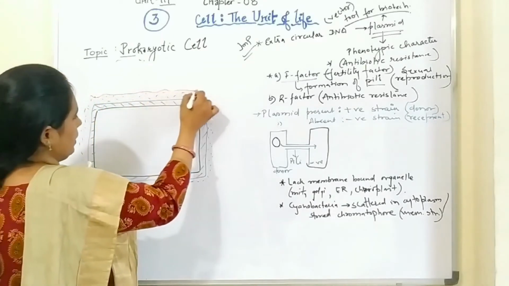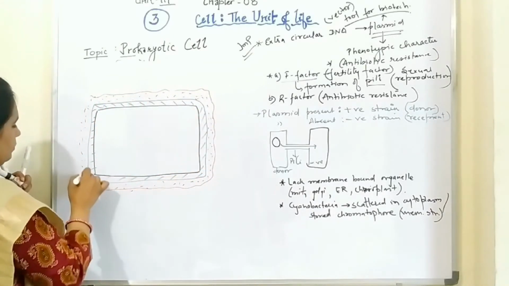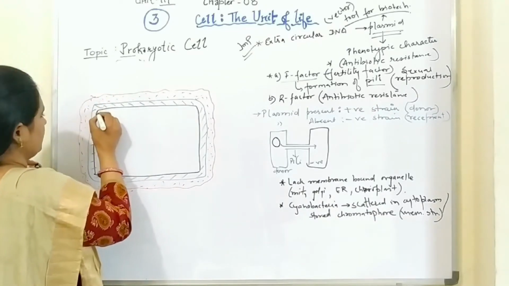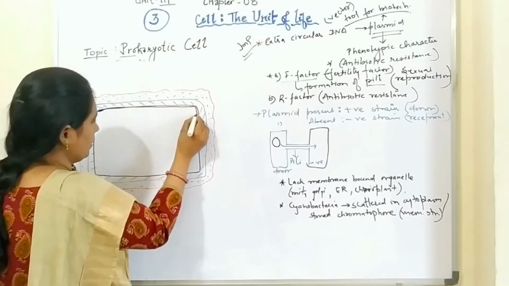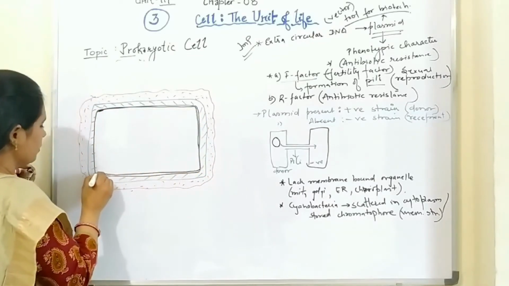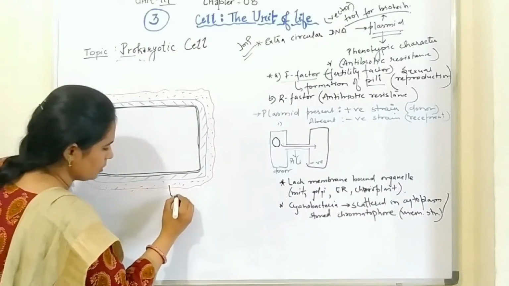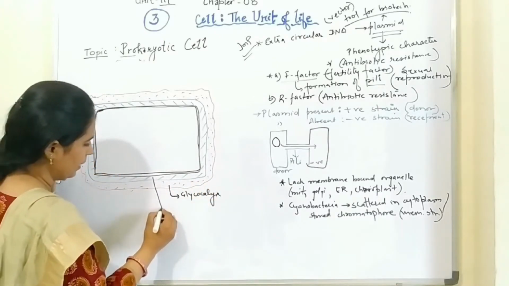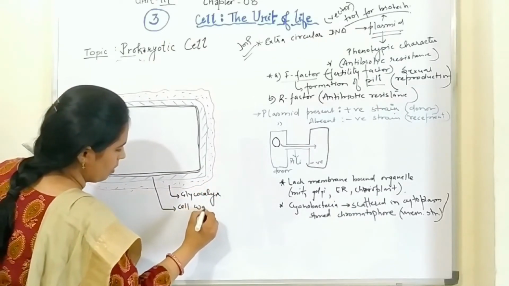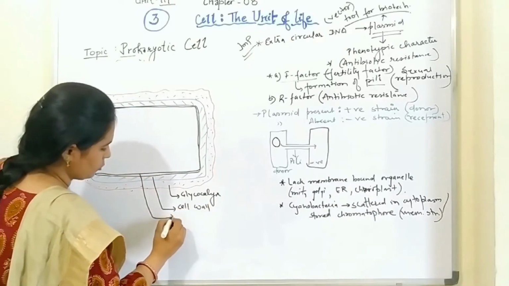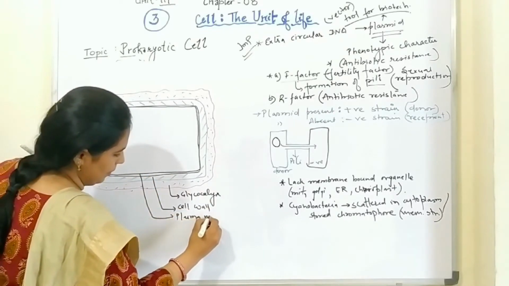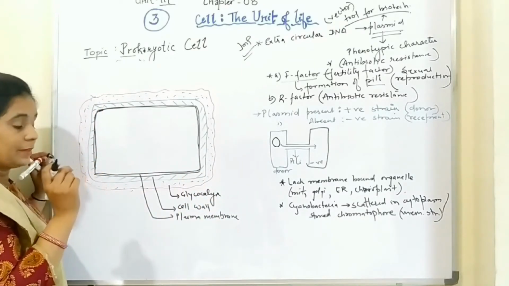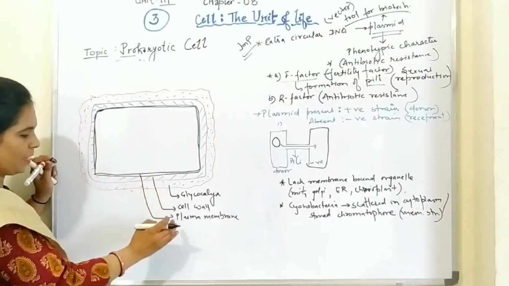So I will make it like this. Okay. So let's mark it. I'm making it a little thick so you will understand better. Right? So this is glycocalyx. Second is the cell wall, and the innermost is plasma membrane. So now next topic, which is related to the plasma membrane.